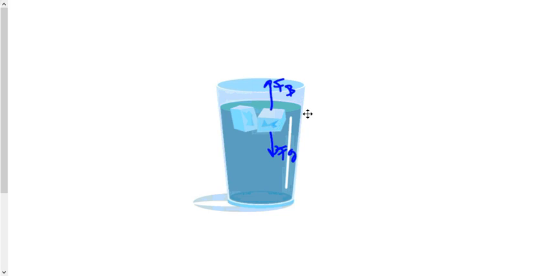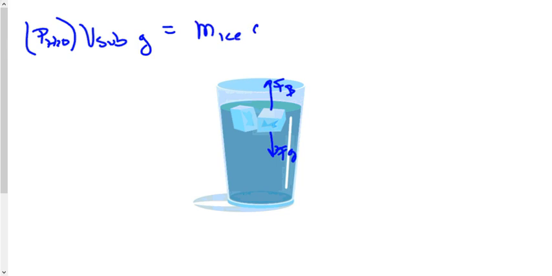So to get the weight of the fluid displaced, we're going to say the density of water, multiplied by the volume that's submerged underwater, and then multiplied by g. That's going to equal the force of gravity of the ice, which is simply the mass of the ice multiplied by g.